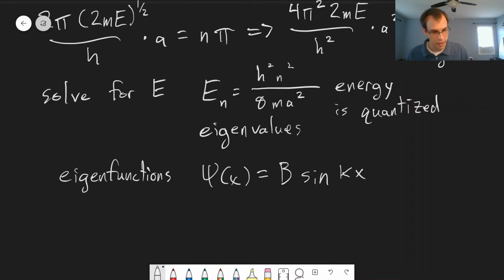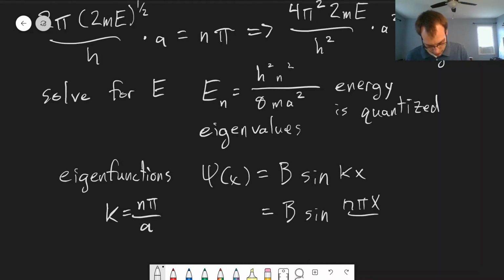But we can say that k here is the same as n pi over a. If we take that equation that we had earlier, where we had to relate k times a equals n times pi, we can say that our wave functions are b times sine of n pi x over a. And so we've almost completely finished this problem.